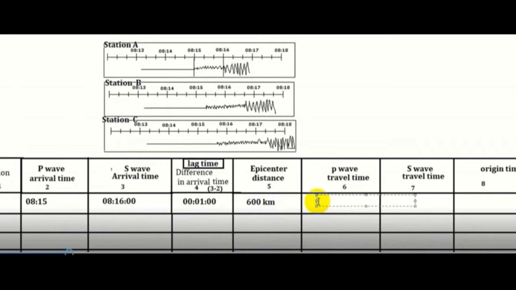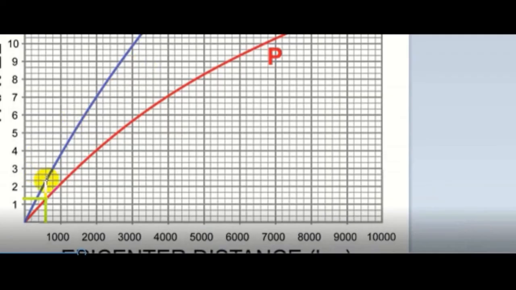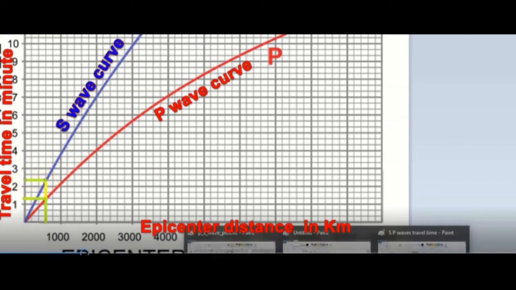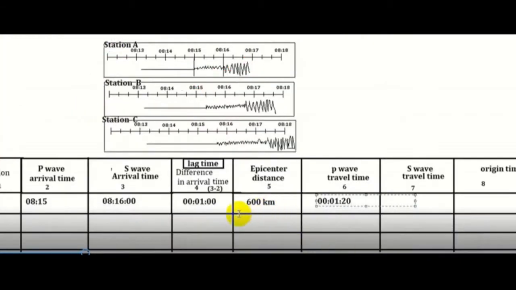Here the P wave traveled 600 km in 1 minute 20 seconds at station A. Similarly, project horizontally a line from where lag time touches the S wave curve. We find here that the S wave traveled 600 km in 2 minutes 20 seconds.